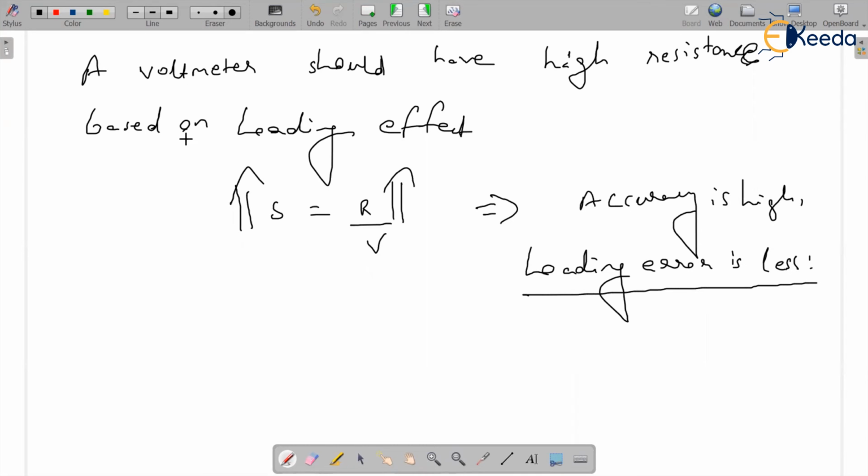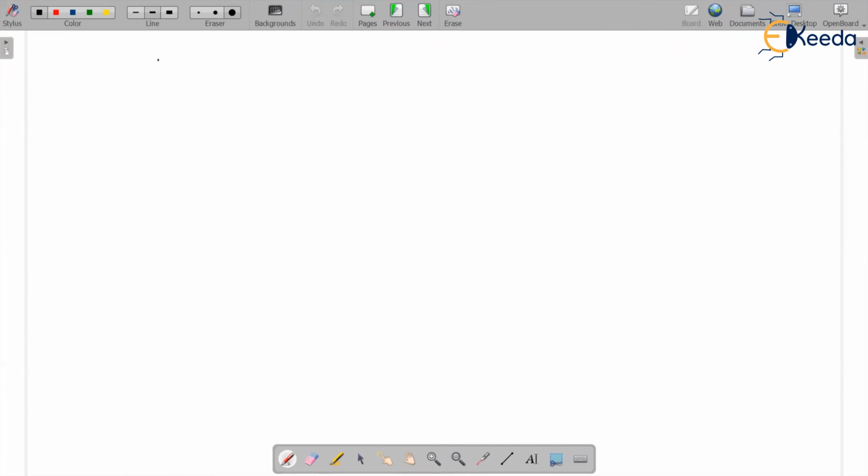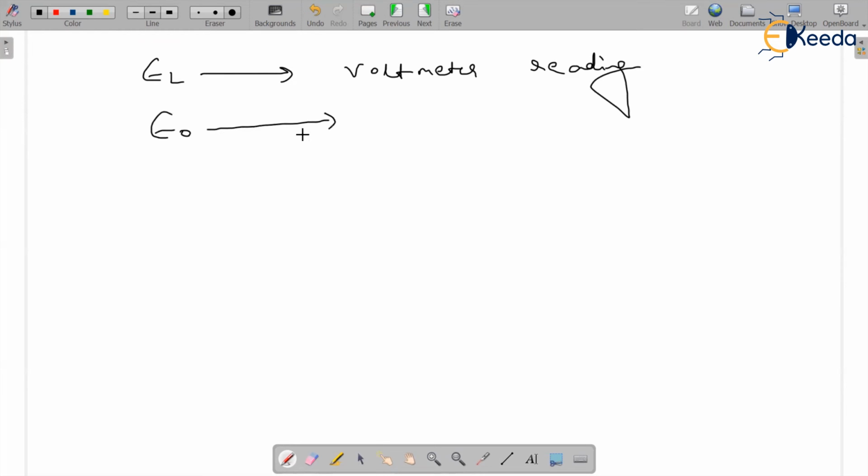So then next, what is EL? EL gives rise to the voltmeter reading. E naught gives rise to the circuit voltage, the true value.